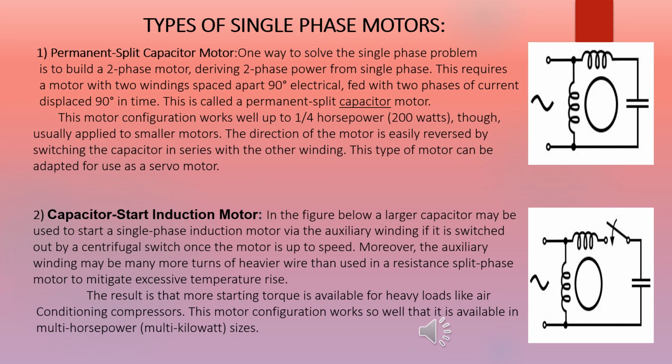Because of the switch that is associated with the capacitor and the auxiliary winding. Only when the switch is turned on, or connected to the auxiliary winding, the circuit will get completed and the motor will be given a rotational motion. Hence it is called a capacitor start induction motor, which is usually used in air conditioning compressors.